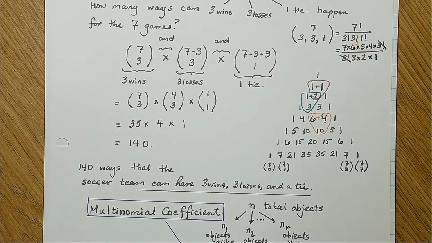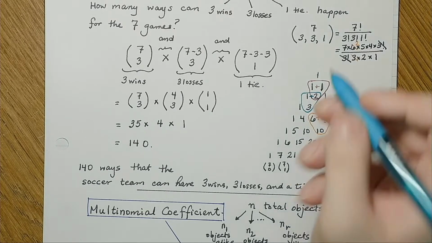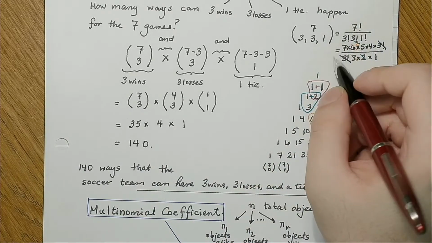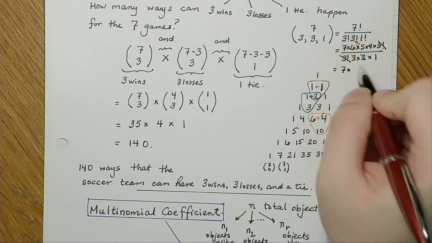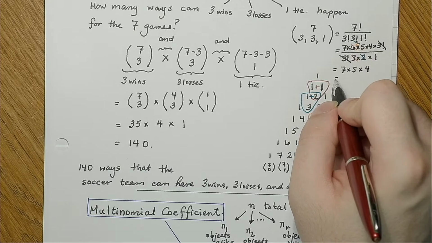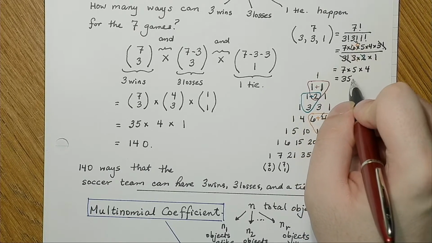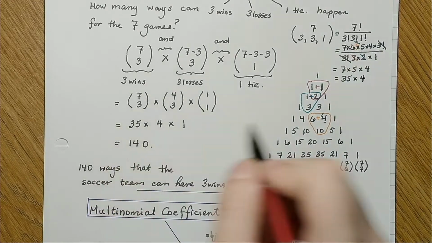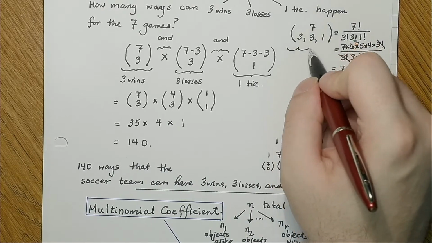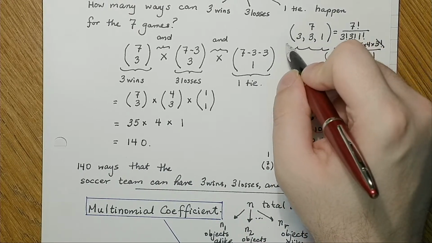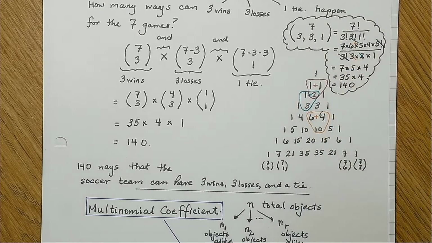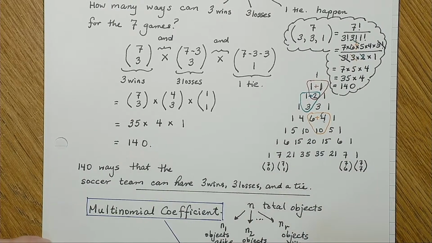And then I will cancel out the 2 with this one up here, so that I'm left with 7 times 5 times 4, which equals 7 times 5 is 35, times 4, which again is what we have down here, which is equal to 140. That way is a lot easier.